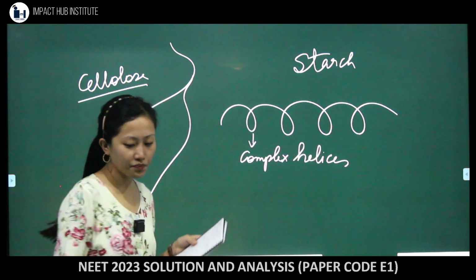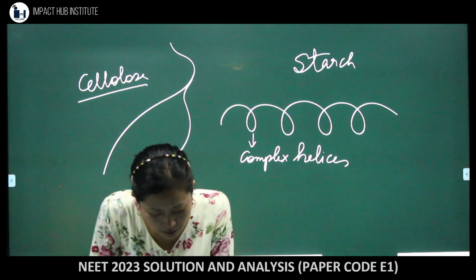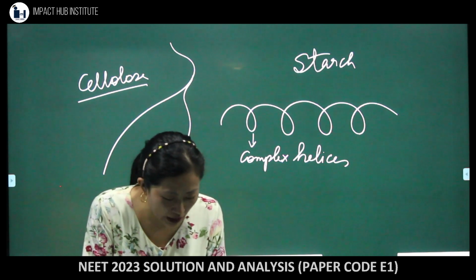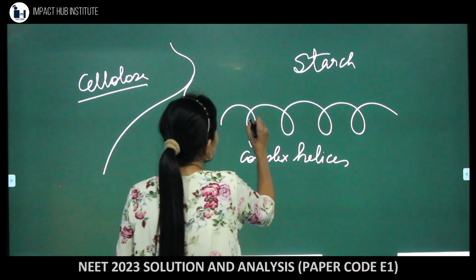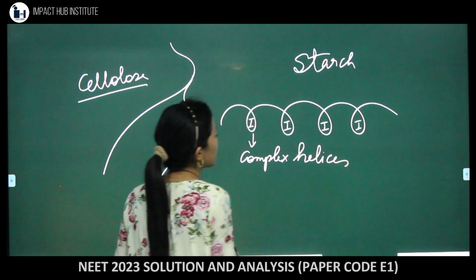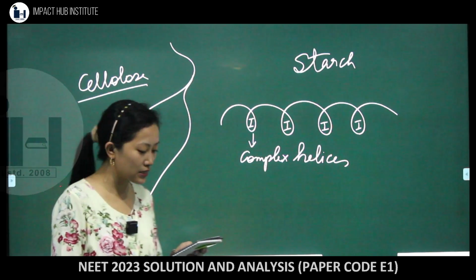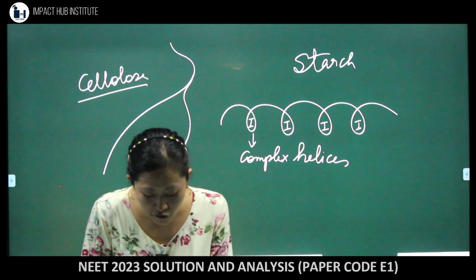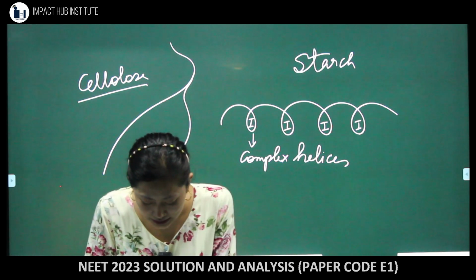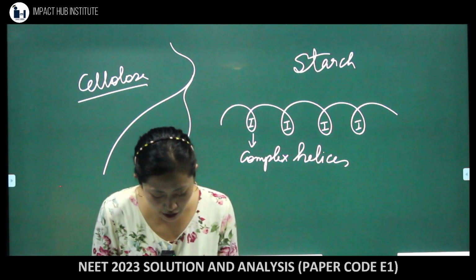So starch forms blue color with iodine because the iodine gets accumulated inside the complex helices, whereas cellulose does not have these complex helices. So cellulose does not form blue color with iodine because it does not contain complex helices and hence cannot hold iodine molecules. Coming to question number 117.